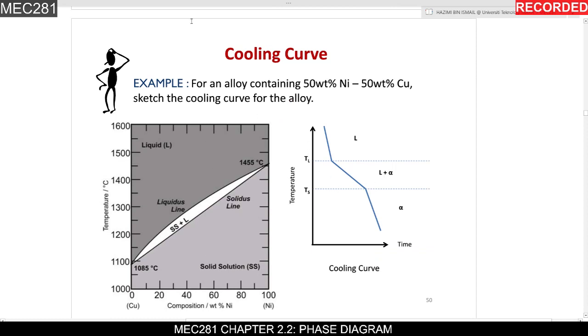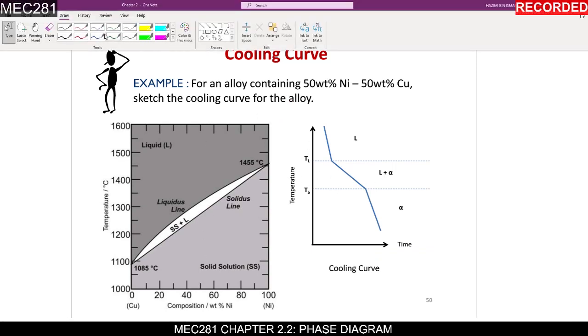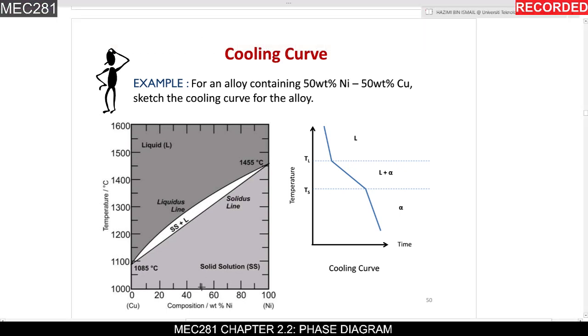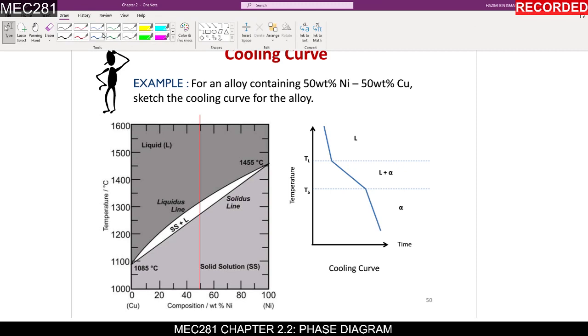Kalau contoh 50%, okay, bermula mana, temperature mana. So, daripada tulis sini, kat sini dia akan turun suhu. Konsisten macam ni bentuk dia. Sampailah ke TL. TL ni temperature yang kena kepada liquidus line.